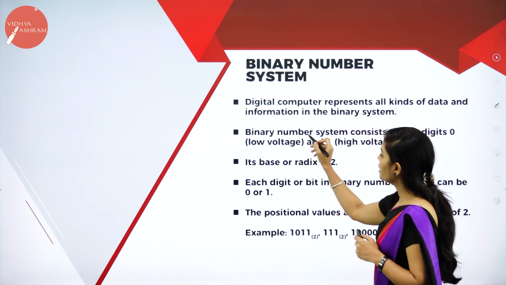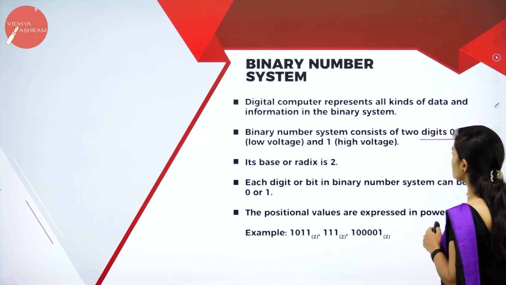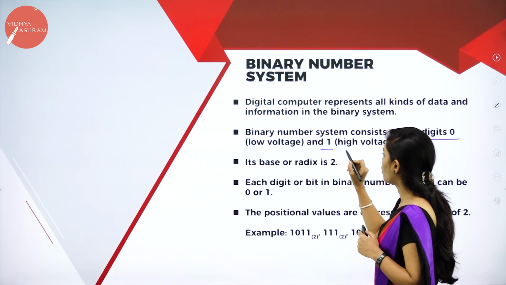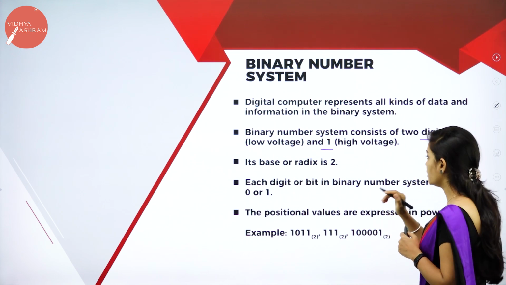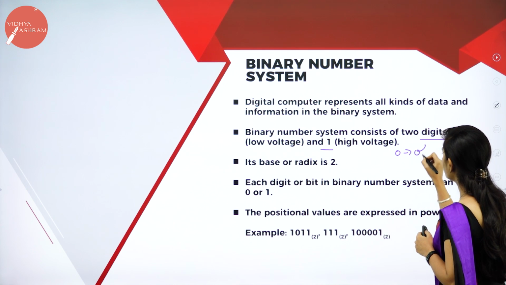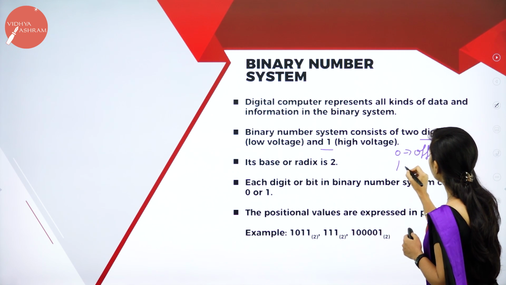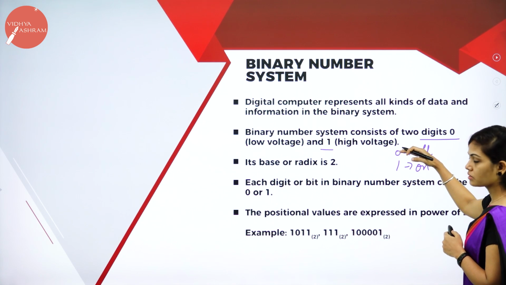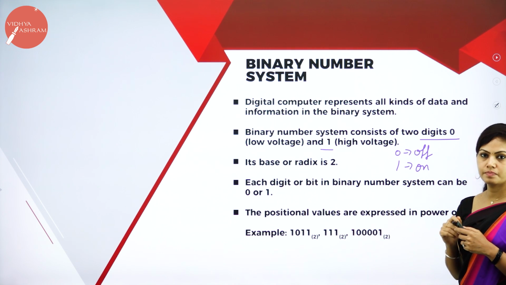Digit 0 is called low voltage, and 1 is called high voltage. 0 means the condition is off and 1 means the condition is on.